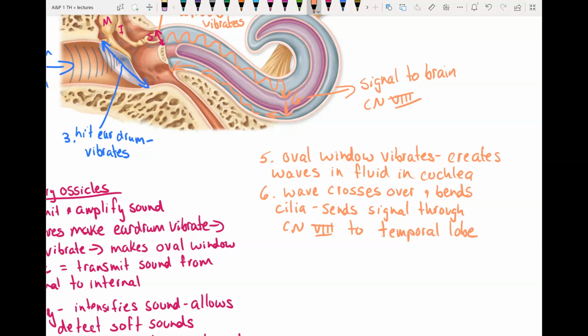Okay, now we still have this sound wave we have to dissipate. So step 7 here, it flows back to the round window. The round window dissipates the wave energy.